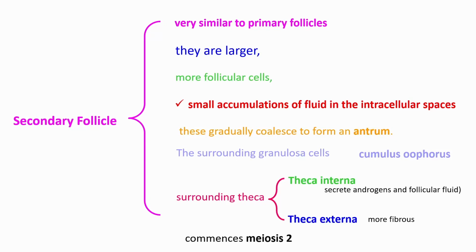Therefore, if we go back and remember that we called the follicular cells, which are growing in numbers surrounding the oocyte, they are going to start producing granules. Therefore, their name has been changed from follicular cells to granulosa cells.